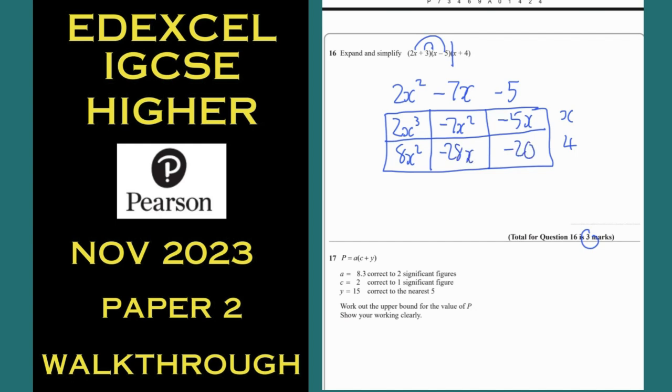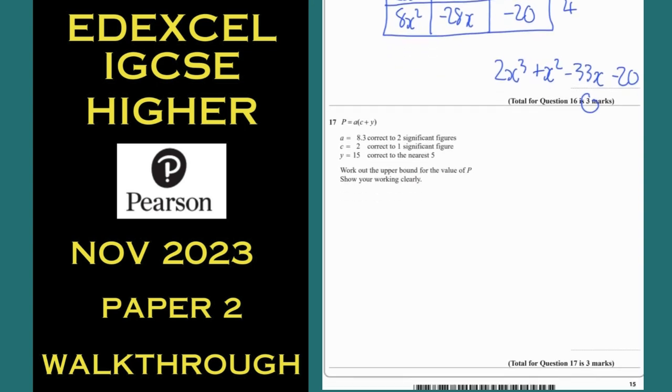Now let's simplify. 2x cubed. x squared terms, sorry, we've got 8 of them, we take away 7 of them, we're left with just the 1. Negative 28x, negative 5x, we're down to minus 33. And the constant on the end stays the same.